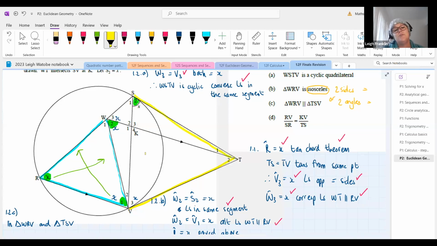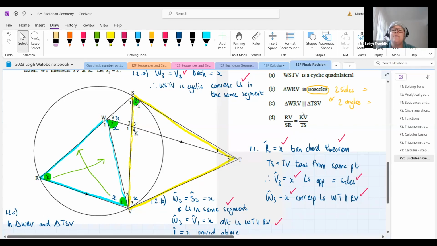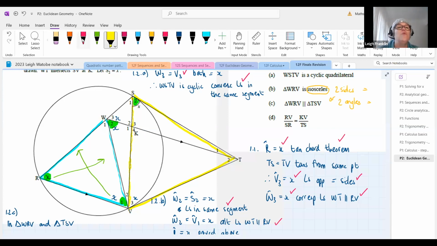So they want us to prove that these two triangles over here are similar triangles. If they give you the triangles already, they are telling you which angles are equal to one another, because they're giving you the order.